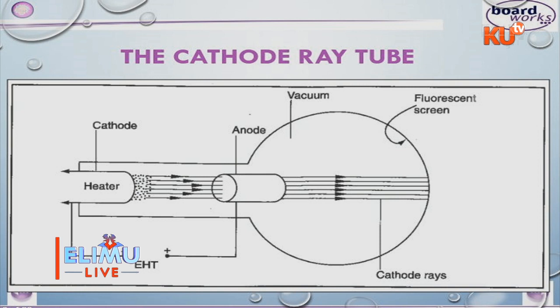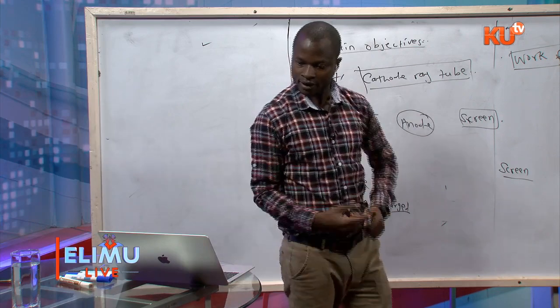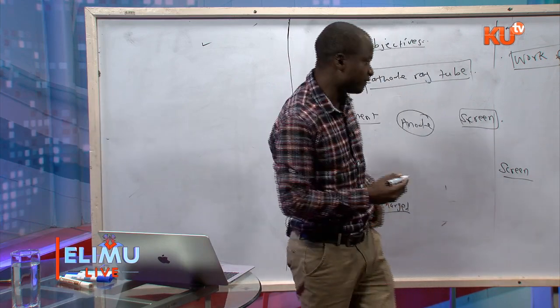Then you can see on the far right a fluorescent screen. That tells us that we cannot use any material to make the screen. It must be a material that will glow. That's why we are calling it a fluorescent screen. Some of the materials that will glow include, for example, barium sulfide.